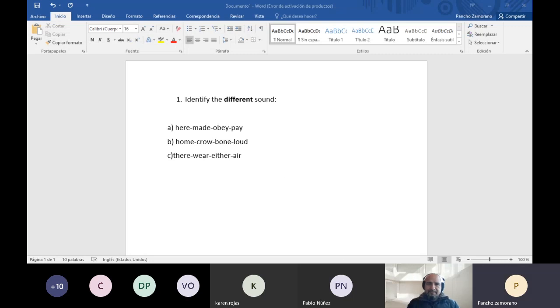Can you see? Yes. Okay. So the exercise that we have to do is identify the different sound, and I've made 3 exercises, in which there is one word which doesn't belong to that line.